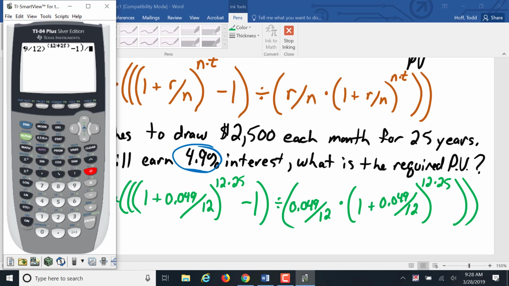Close parentheses divided by open parentheses. 0.049 divided by 12 times open parentheses. 1 plus 0.049 divided by 12. Close parentheses to the power of 12 times 25. Close those parentheses. Arrow out of the exponent and 2 close parentheses. So $431,944.09.